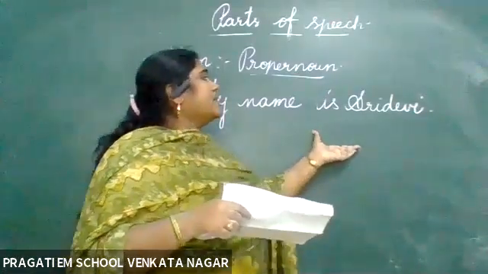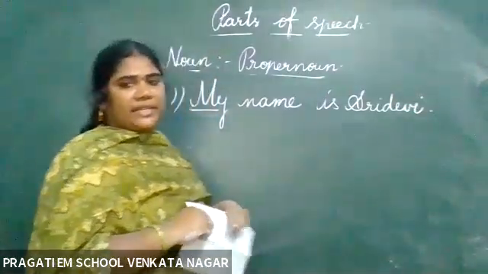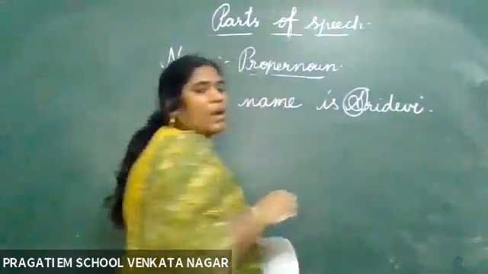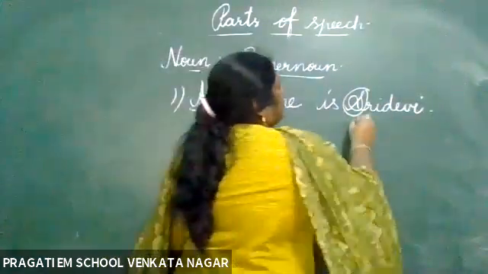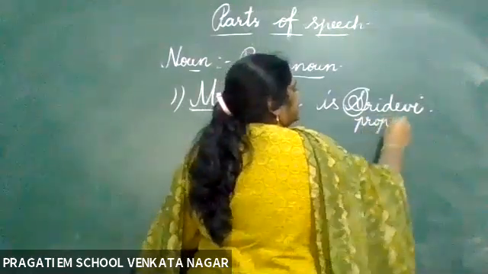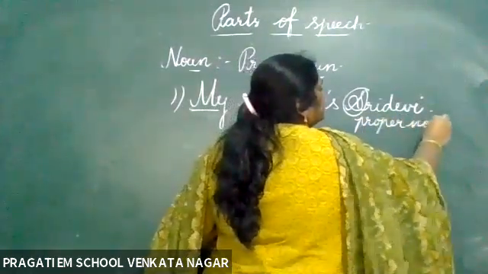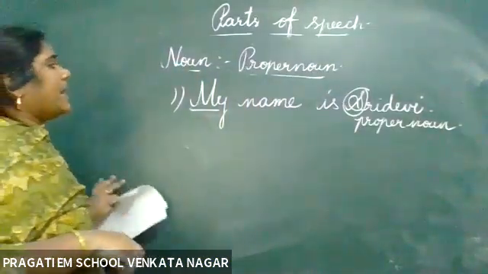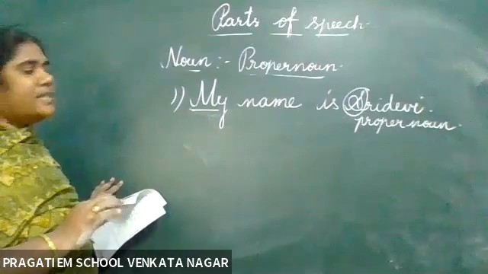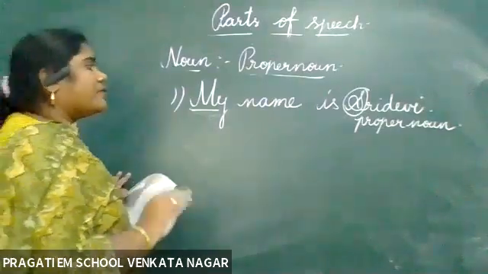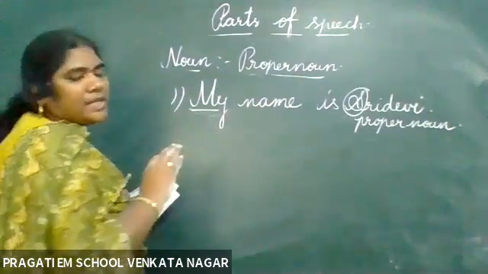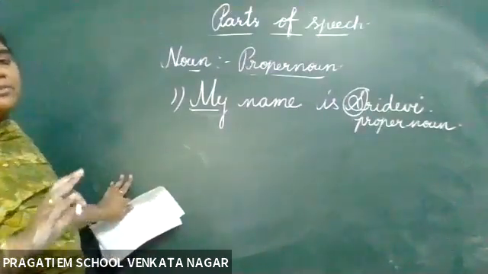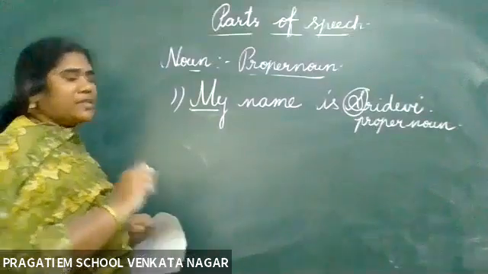And you can see Sridevi, S is a capital letter. Why? Because it is a proper noun. So, in the middle of the sentence also we get a capital letter because it is a proper noun. If not, we won't get capital letters in the middle of the sentence.